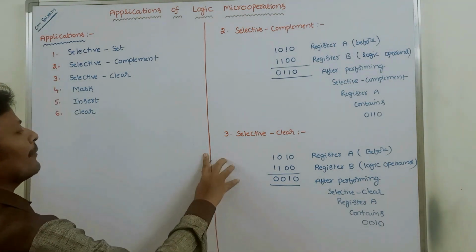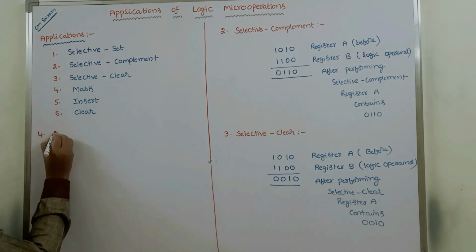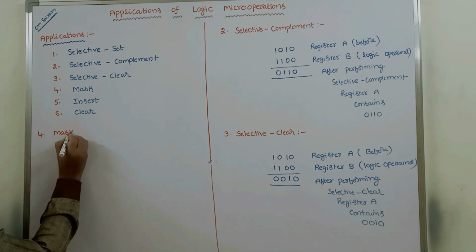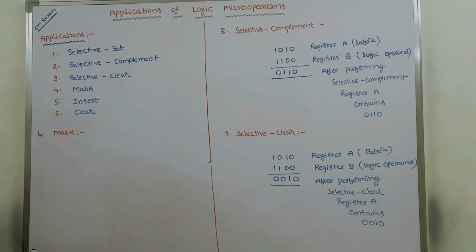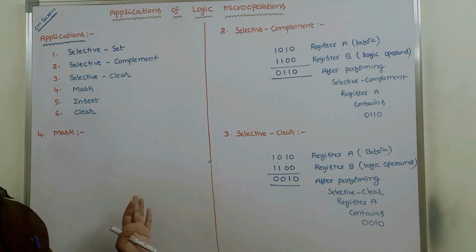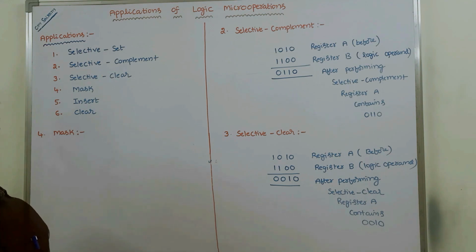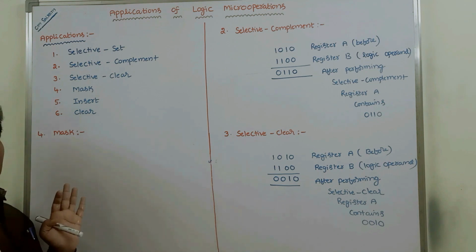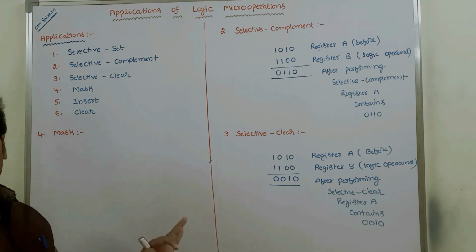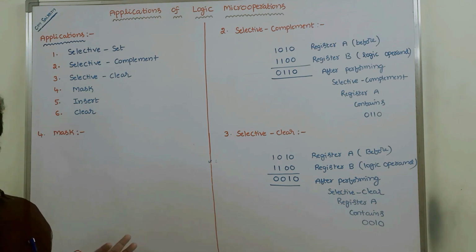How can we perform the mask operation? In the mask operation, we have to consider only bit 0 in register B. The corresponding bit in register A can be clear to 0. If any bit 1 is there in register B, the corresponding bit in register A does not change.